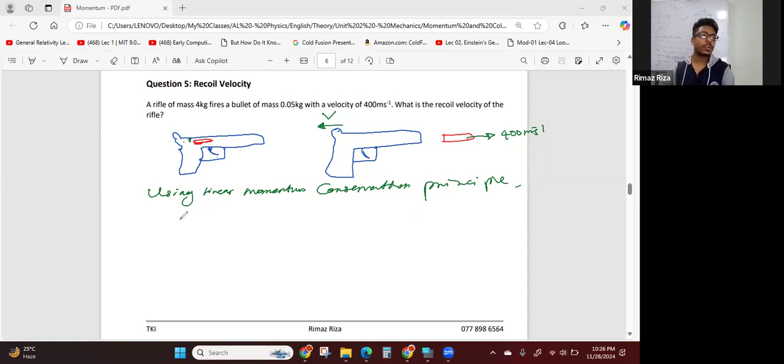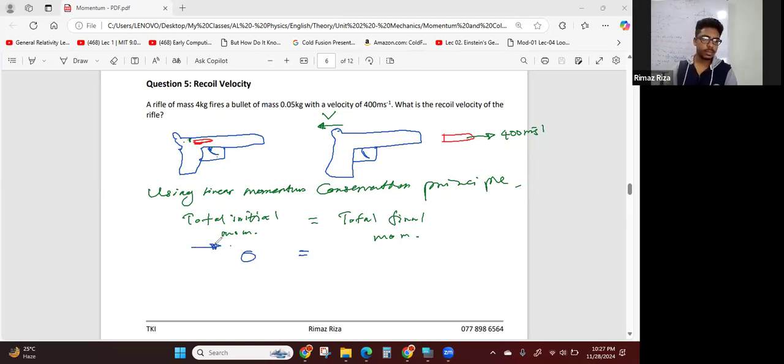So the total initial momentum is equal to total final momentum. So we can write the initial momentum is 0 equals final momentum.